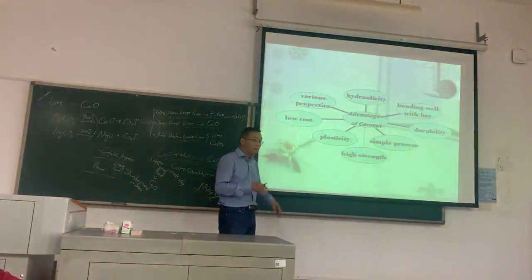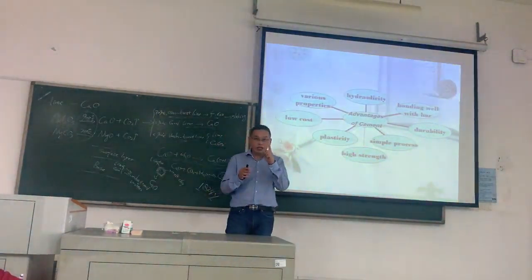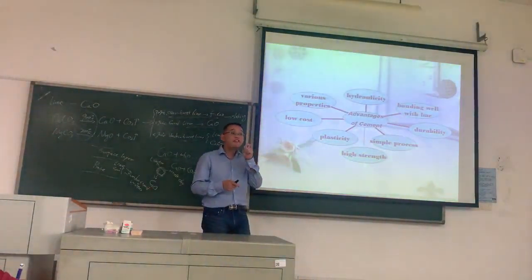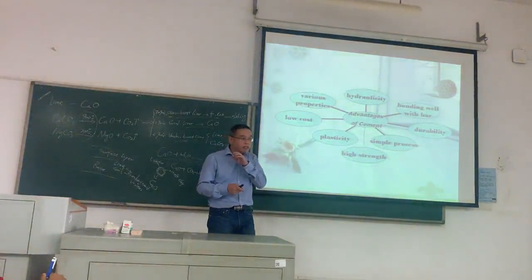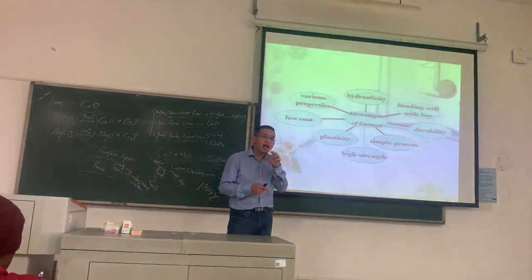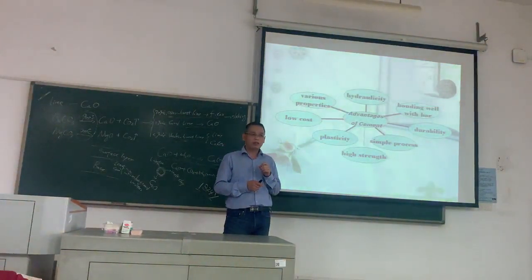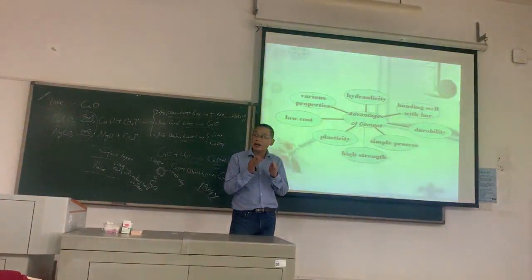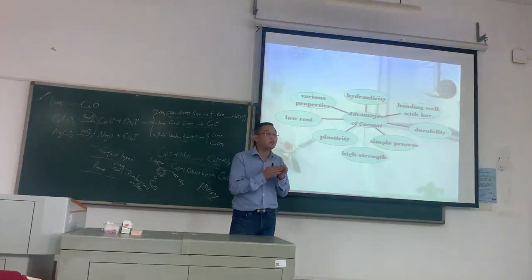High strength. For the high strength, as what we have read in chapter 1, for the same material there are a lot of different kinds of strengths: the compressive strength, the tension strength, the shearing strength.